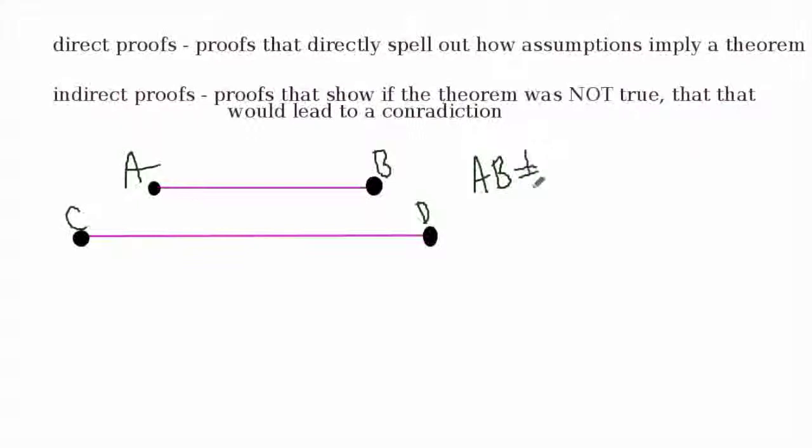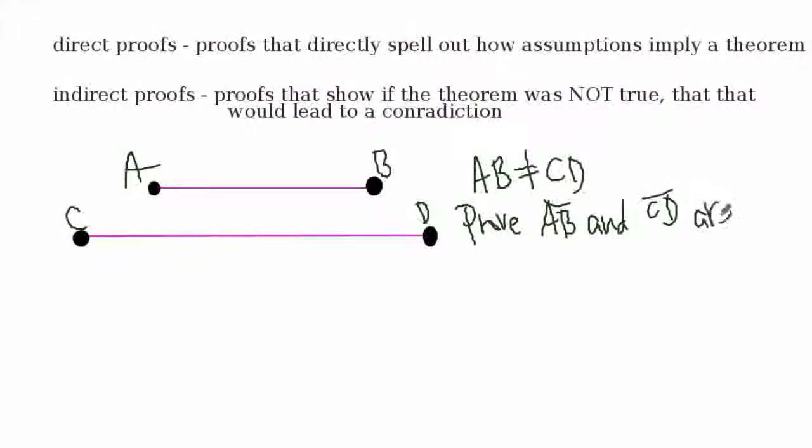The length of AB is not the same as the length of CD. All right. Now prove AB and CD are not the same length. Okay, so this is kind of a trivial one, but this is just to show you what I mean.